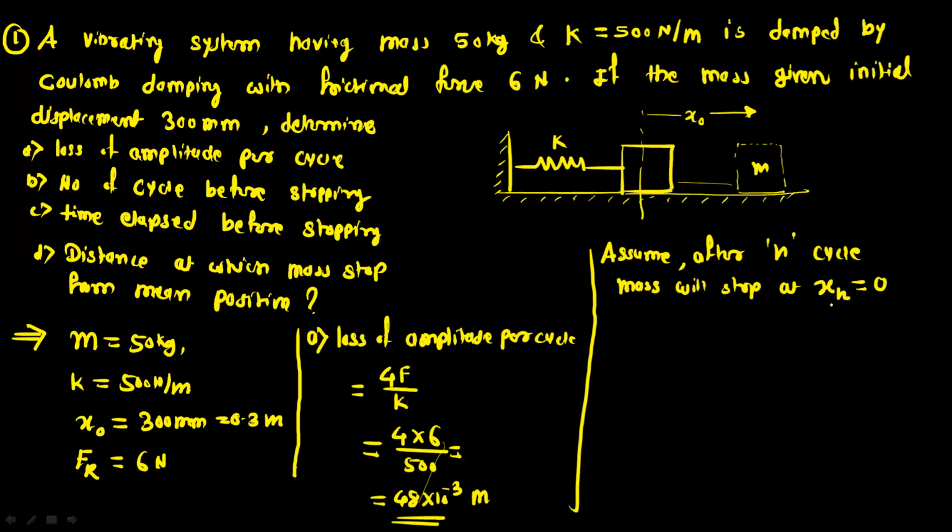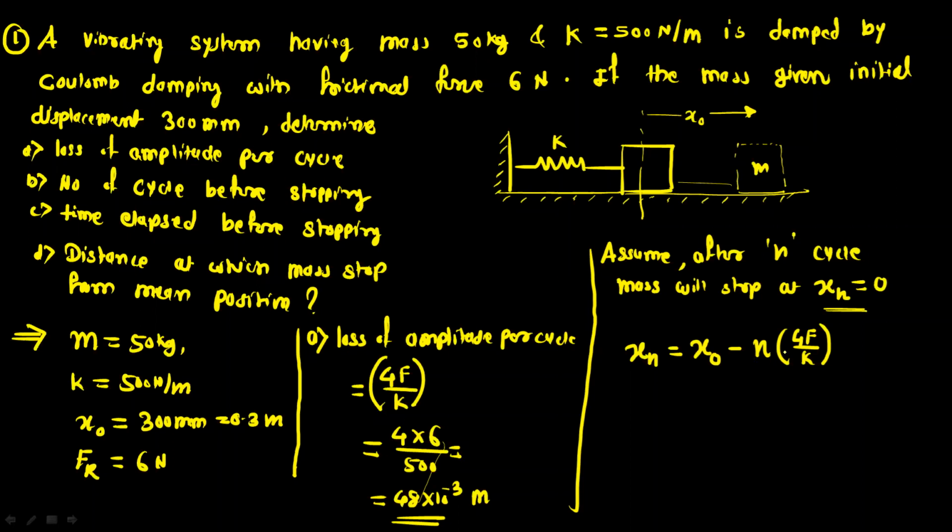So in order to have this value xn equal to 0 after n cycles, we can write the equation xn is equal to the initial value x0 minus, it will perform n cycles, and for each cycle its amplitude will reduce by this value, that is 4F upon k.